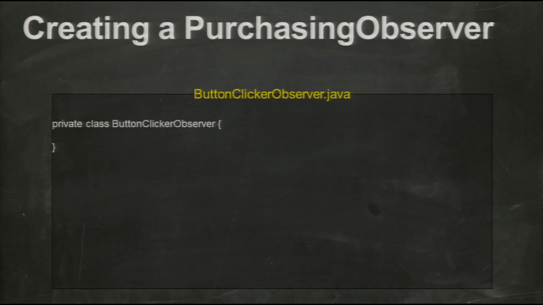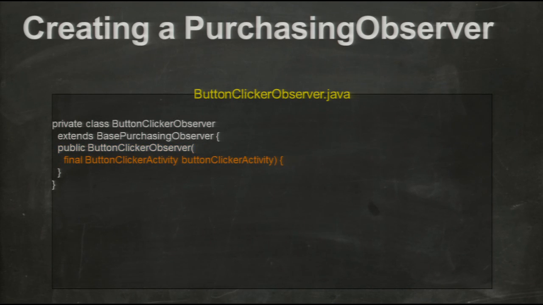So let's step through and see what this looks like. Let's talk about creating a purchasing observer. Again, this is just a plain Java class: private class ButtonClickerObserver. We're going to extend the base purchasing observer, a class that Amazon provides for you. We're going to define our constructor, public ButtonClickerObserver, and we're going to pass in the activity, so we have context: final ButtonClickerActivity buttonClickerActivity.